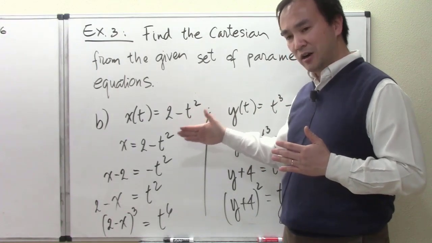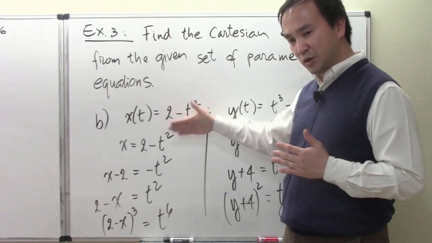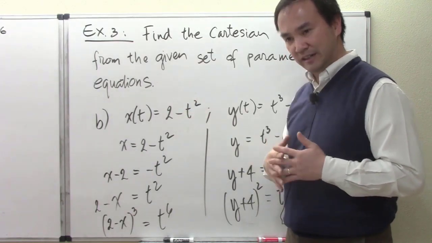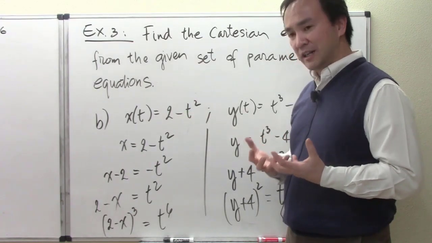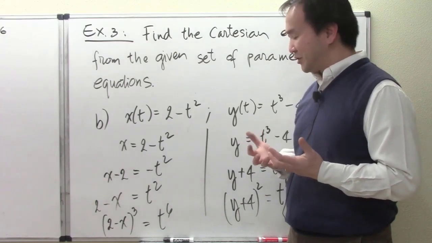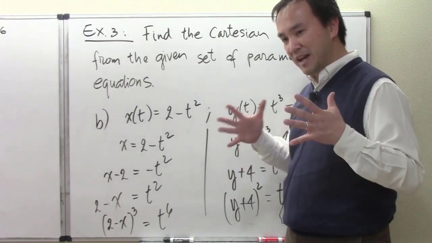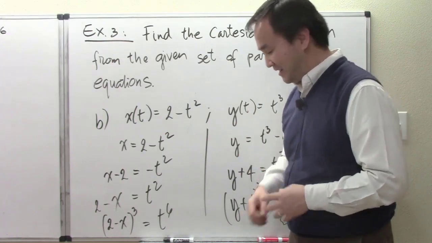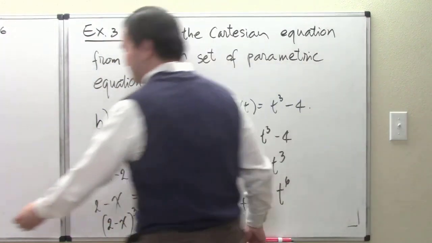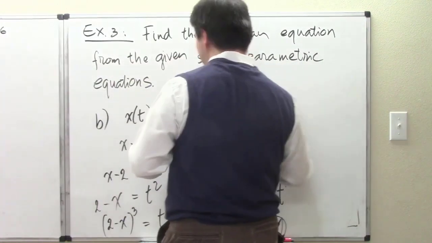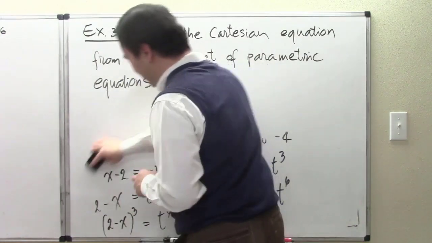But this work is strictly based on algebra, so your solid background in algebra will be the biggest key for that. Okay, now let's look at part C of our example.